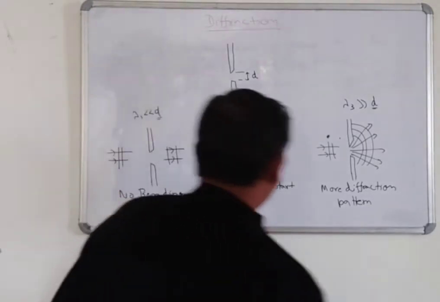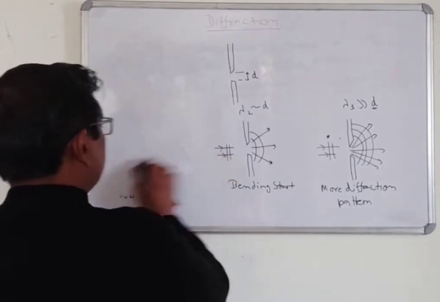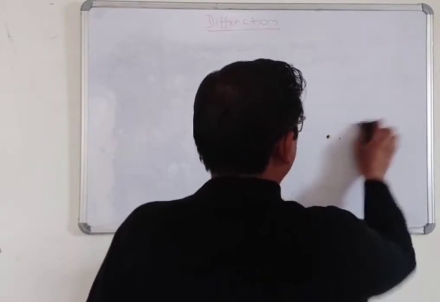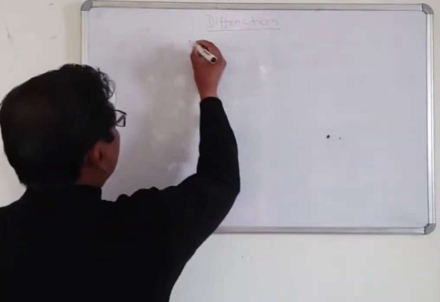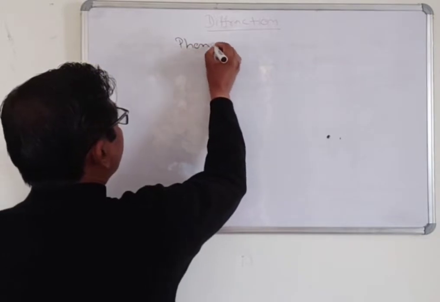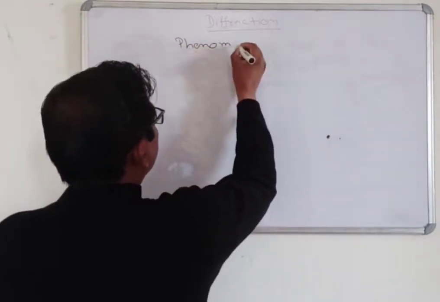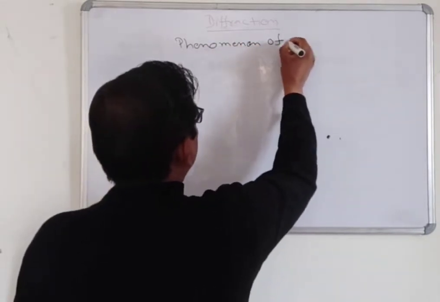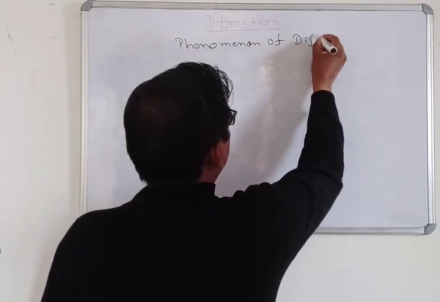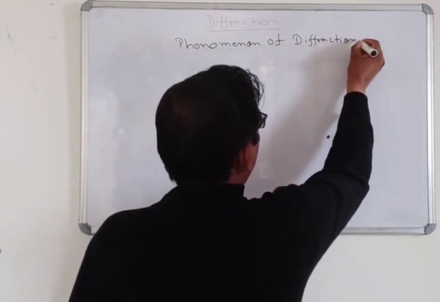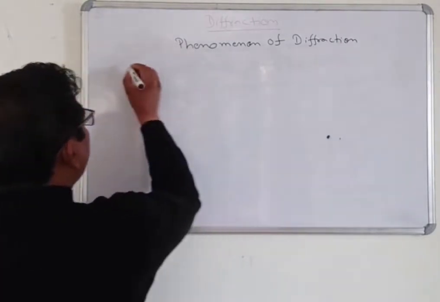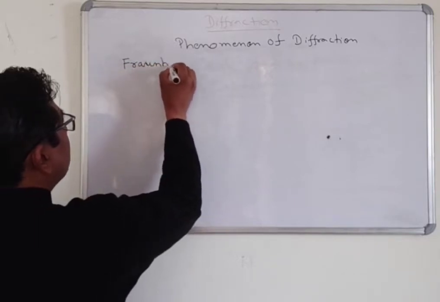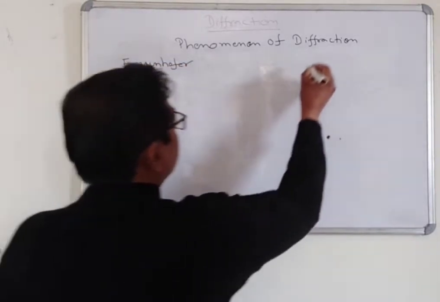Now we will discuss the difference between the Fraunhofer diffraction and Fresnel diffraction. There are two types of phenomena of diffraction pattern. One is known as Fraunhofer. The other is known as Fresnel.